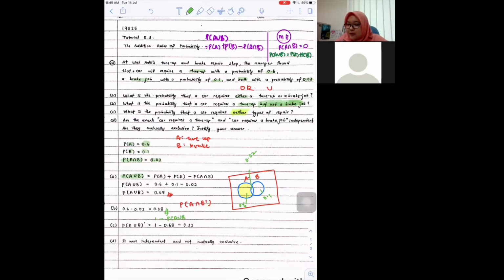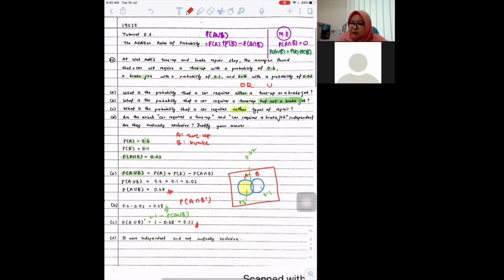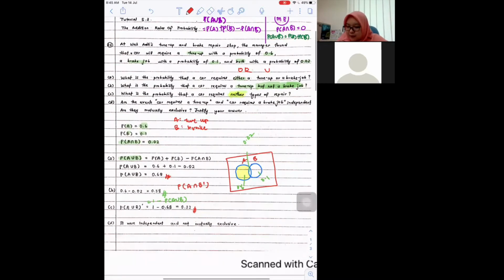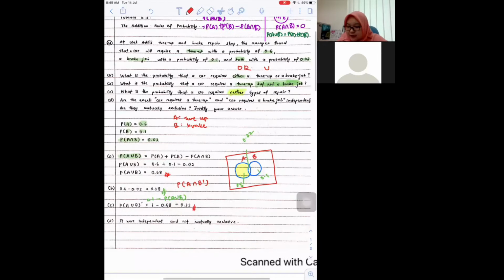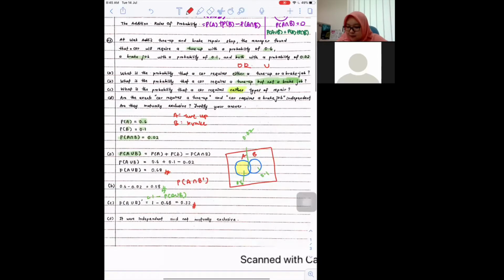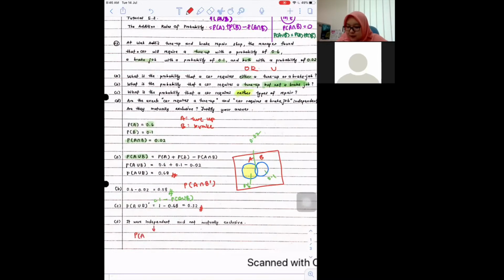And lastly, the question asks, is it independent? What's the meaning of independent? Let me do a revision here for you. The meaning of independent, meaning that P(A intersect B) is equal to P(A) times P(B).